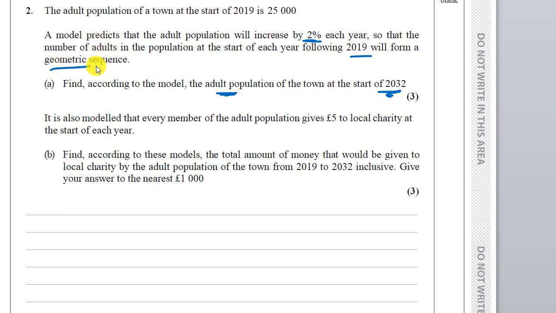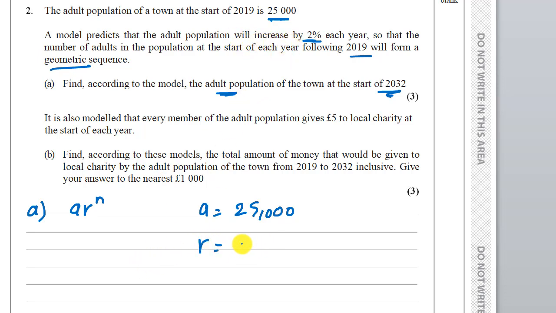Now geometric sequence, so this is a, and we need the adult population in the town at 2032. So we know that a, r, n. a is the first number at the first year, which is 25,000. And then r here, he said that it will increase by 2%.